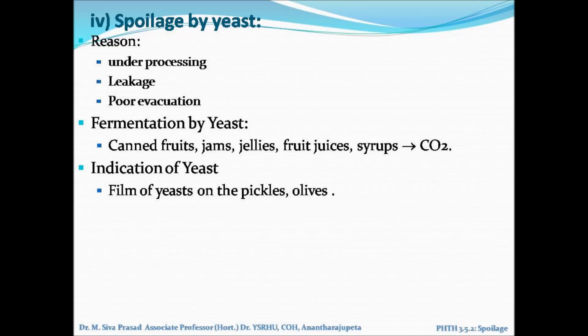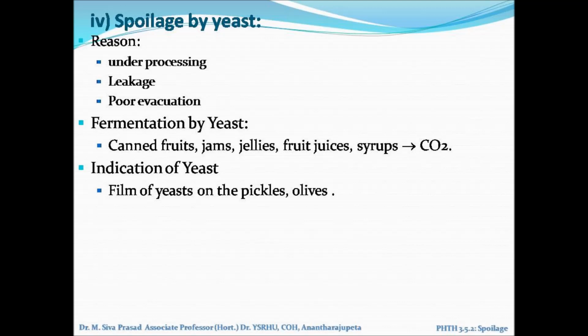How does yeast cause spoilage in canned foods? We already discussed, in the factors causing spoilage, the optimum conditions for yeast growth, where we saw the temperature required ranges from 25 to a maximum of 47 degrees Celsius. Even at high temperatures, they can survive only up to 47 degrees Celsius, after which they can easily be killed.